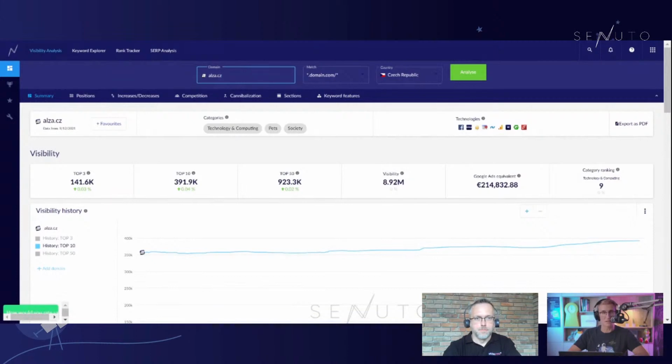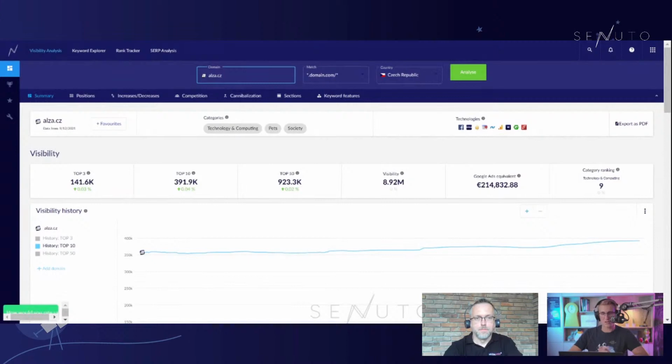The last but not least, regarding e-commerce, in many aspects, the ranking, the number of positions that you have in the ranking on category pages is very important. Alza is a very wide e-shop, so they don't have only some specific products, but if you are selling a specific product, it's very important where you are regarding the category that you are in.